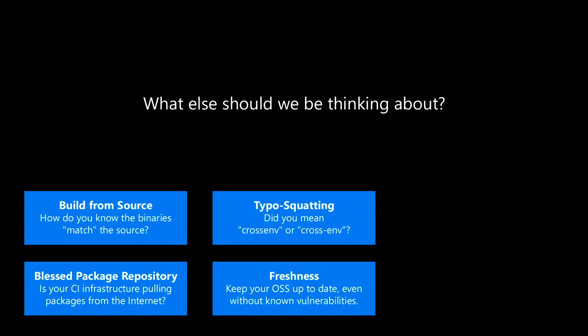Freshness. As I said, usually we tell people to just upgrade to the latest stable. And we got to thinking, what if we just didn't have to do the whole vulnerability thing and just told people to upgrade to the latest stable, since that's the usual advice? We're not really going to go that far, but we are pushing more of an engineering hygiene position of keep your open source components up to date. They don't need to be immediately up to date, but they shouldn't be taken and then used forever until someone comes and tells them not to.